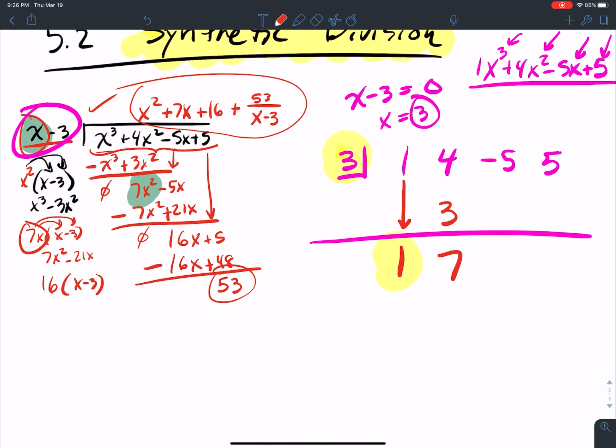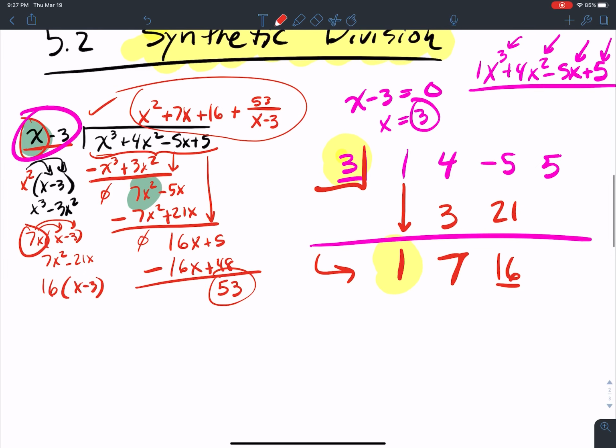Now remember, everything below the line is multiplied by what's in the box. So 7 times 3, that's 21. So this gives me 21 here. And 21 plus negative 5 is going to be 16 when I add it together. The last case, 3 times 16, that's 48. And when I add 48 and 5 together, I get 53.